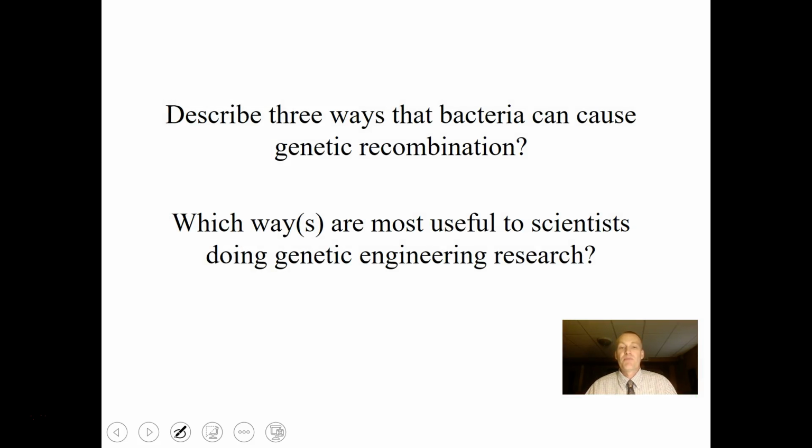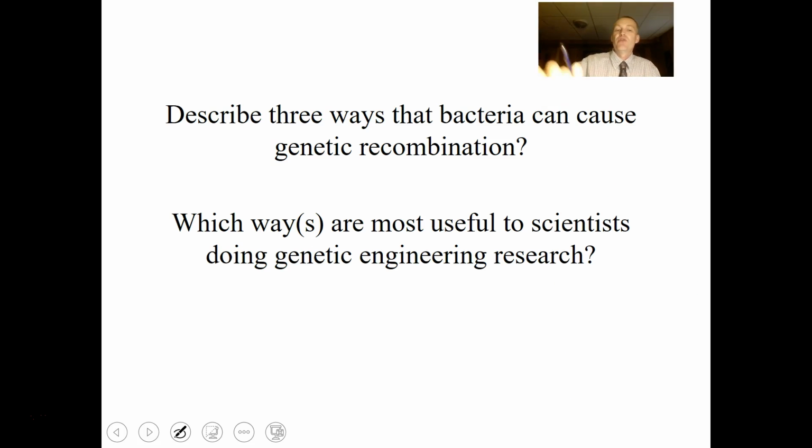So describe 3 ways that bacteria can cause genetic recombination. Out of those ways, which do you think scientists doing genetic engineering research would find to be the most useful? You could stop the video for a second and think about that, or I can go ahead and tell you that scientists use several different ways.